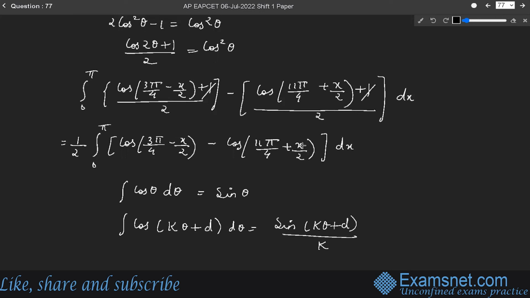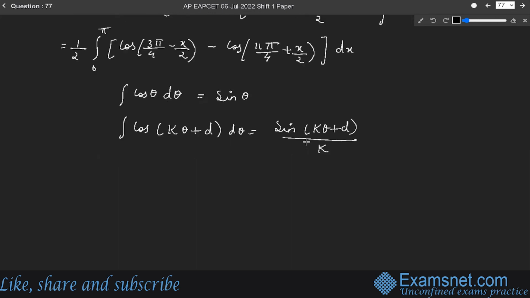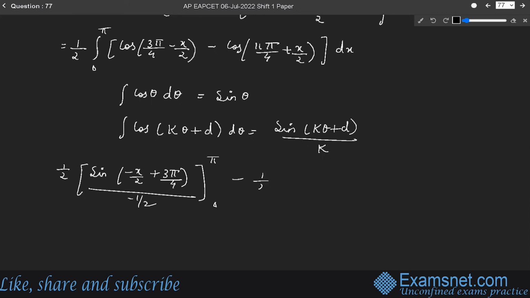So the expression becomes 1 by 2 into sin minus x by 2 plus 3 pi by 4 divided by minus 1 by 2, and the limits are 0 to pi, minus 1 by 2 sin x by 2 plus 11 pi by 4, and the limits are 0 to pi. Here also the denominator will be 1 by 2.